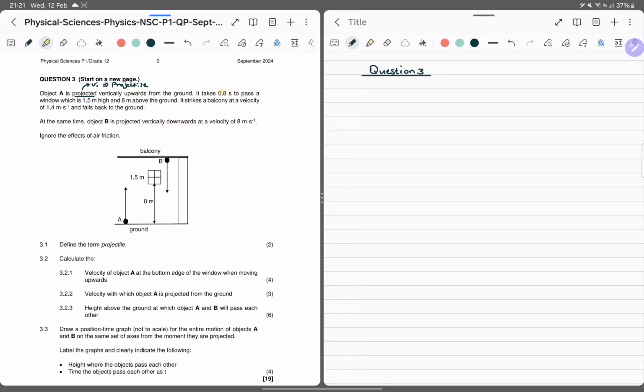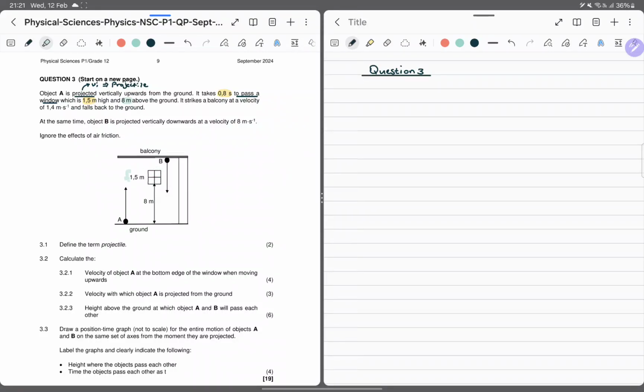Now it takes 0.8 seconds to pass a window which is 1.5 meters high and 0.8 meters above ground. Okay, not a problem. So how do we interpret this statement? Now this time, if we're saying it passes, it means it's the time duration from the bottom of the window to the top of the window, right?